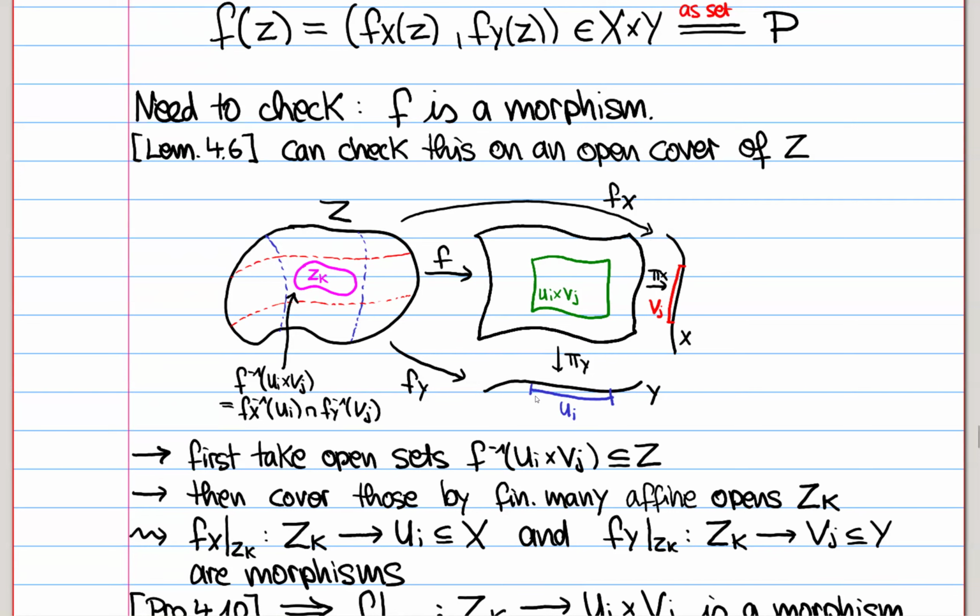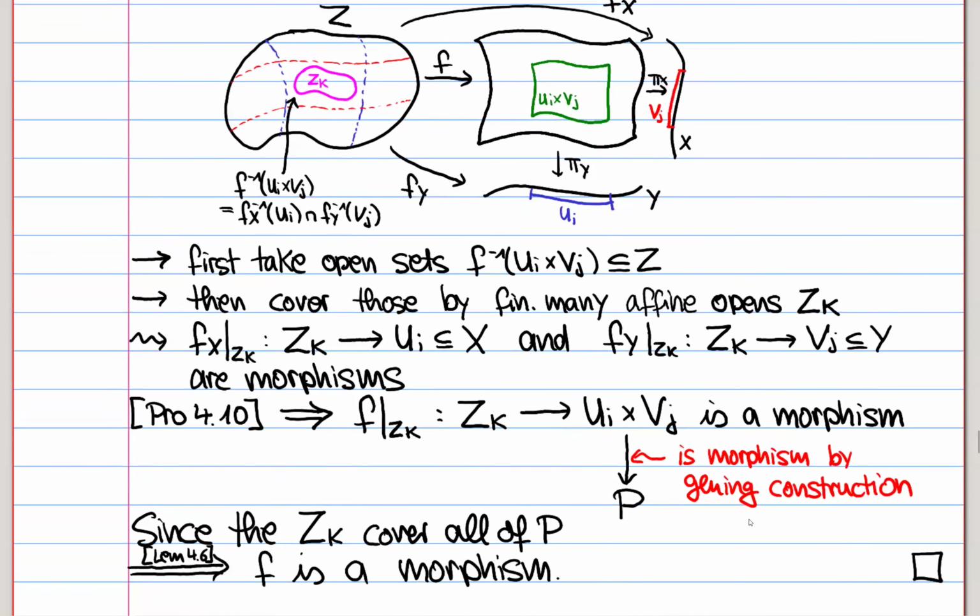And now we are in business, because now we have restricted everything to the affine case. The Z_k are affine, the U_i and V_j are affine. And so we can apply the proposition that we already mentioned before. This is saying that if you have an affine variety and maps to U_i and V_j, then they fit together to a map from the affine variety to the product. And so this thing here is a morphism.